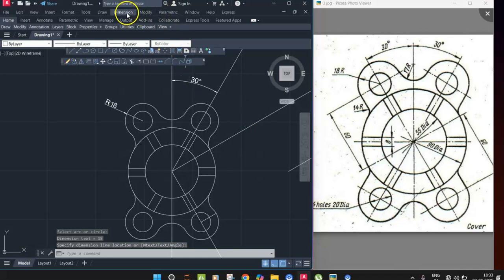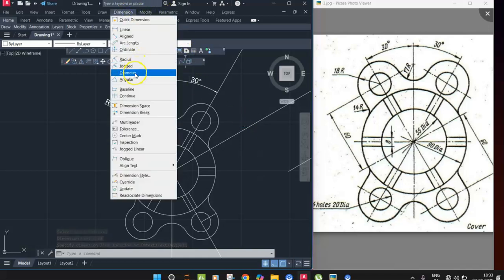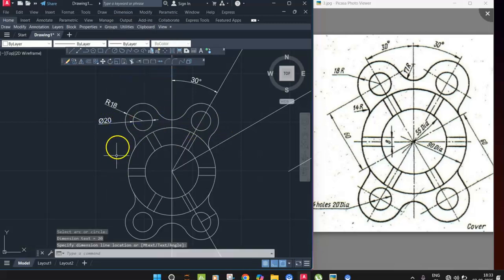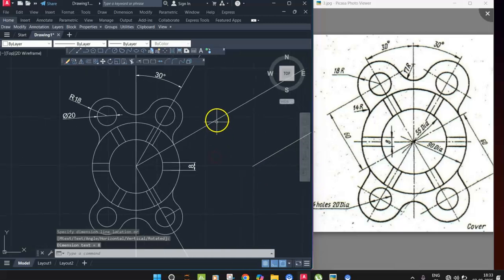What is the diameter of the internal circle? 20 diameter. How many are there? 4 holes are there. What is the intermediate distance between the strip? 8.